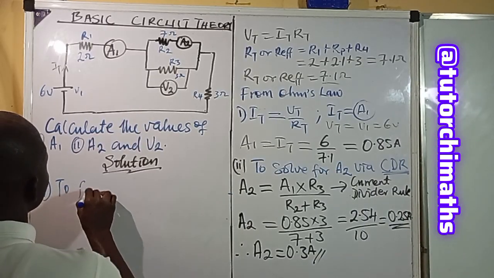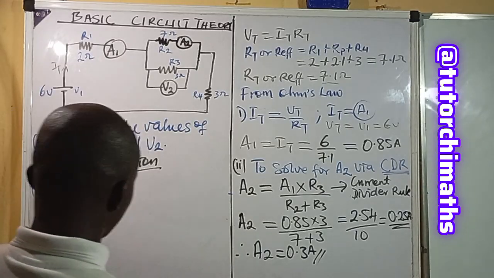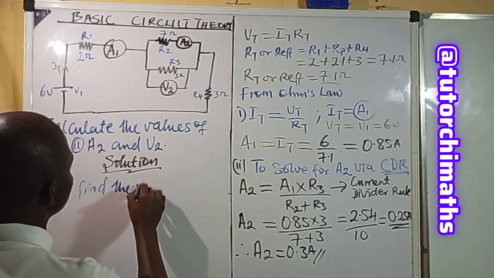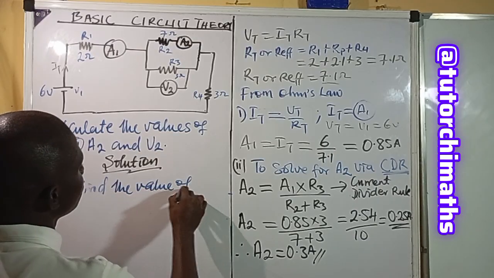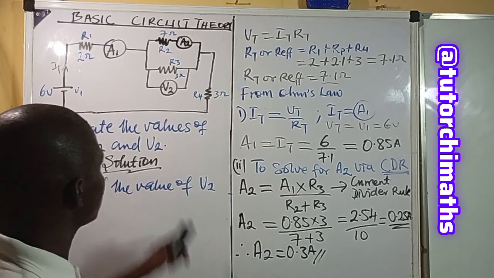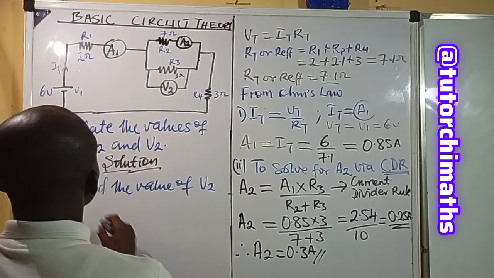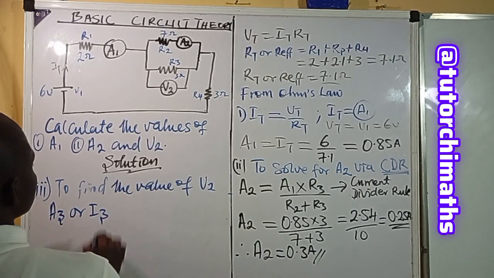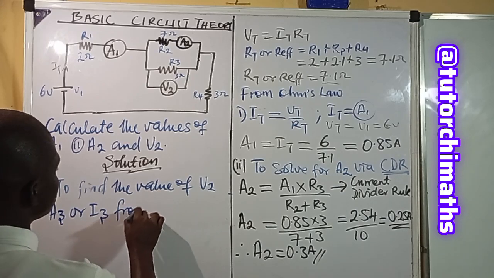To find the value of V2, first let's find I3. Now A3 or I3 from KCL.